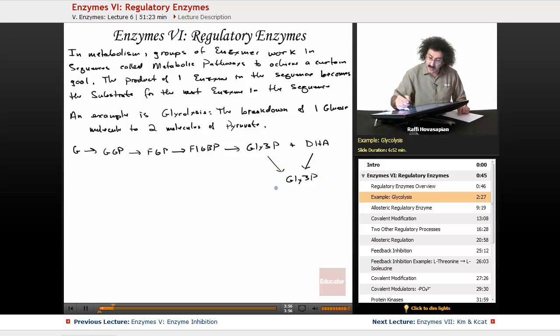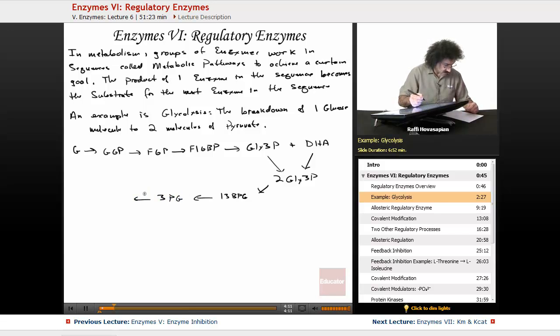So now we have two glyceraldehyde 3-phosphates. This goes to 1,3-bisphosphoglycerate, goes to 3-phosphoglycerate, goes to 2-phosphoglycerate, goes to phosphoenolpyruvate, and then finally we have our pyruvate.